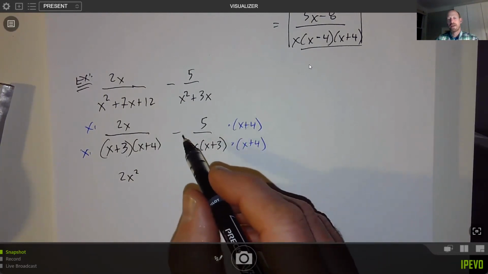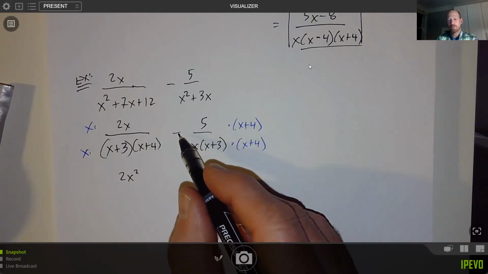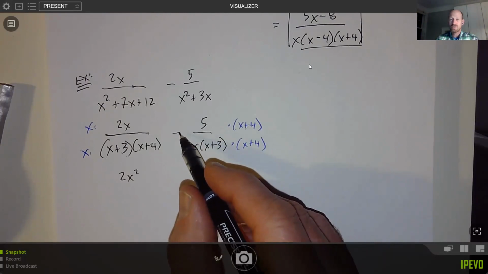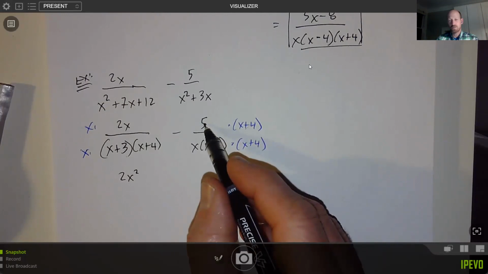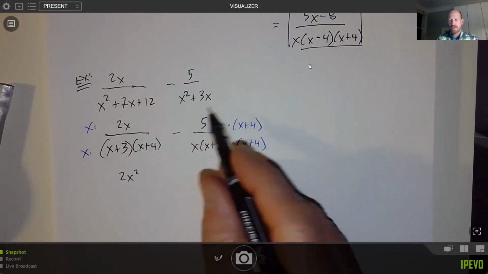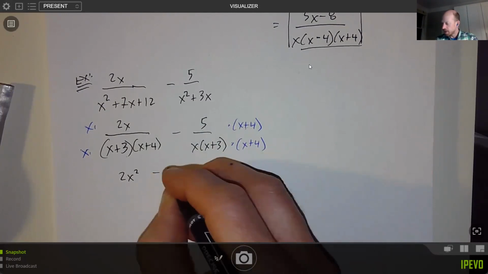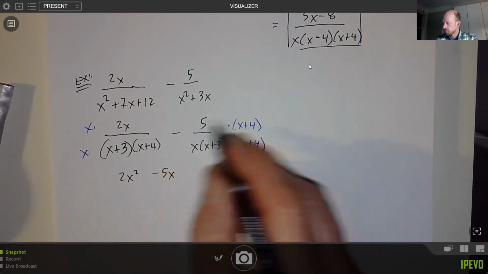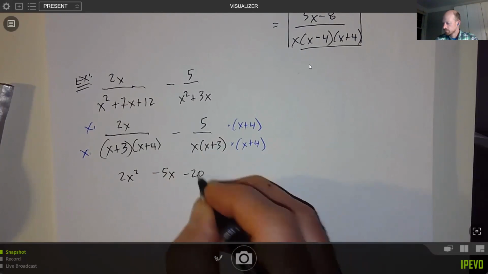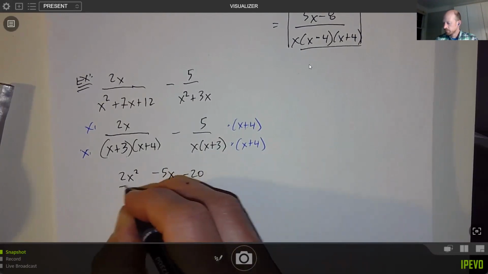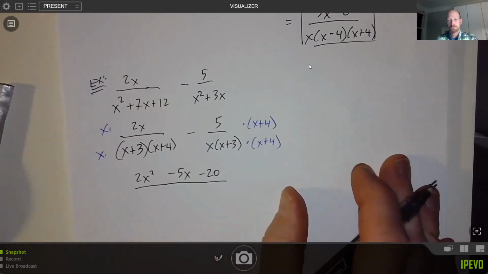When I multiply out a subtraction problem, however, it is easiest to keep the subtraction with this number. So this is actually going to end up being minus 5x and minus 20.